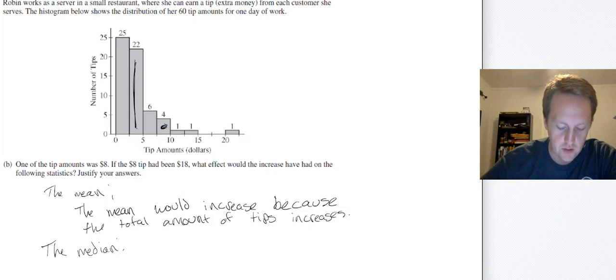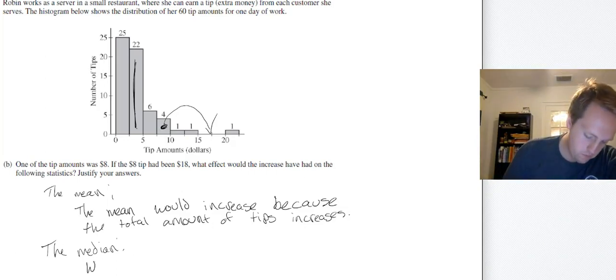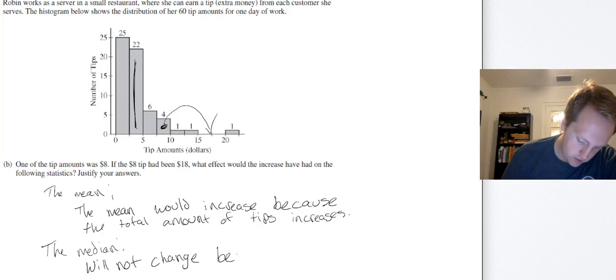Well, if I move an observation above the median to a different spot above the median, the median's not going to change. The physical center is still going to be there. So we're going to say will not change because both 8 and 18 are above the median.